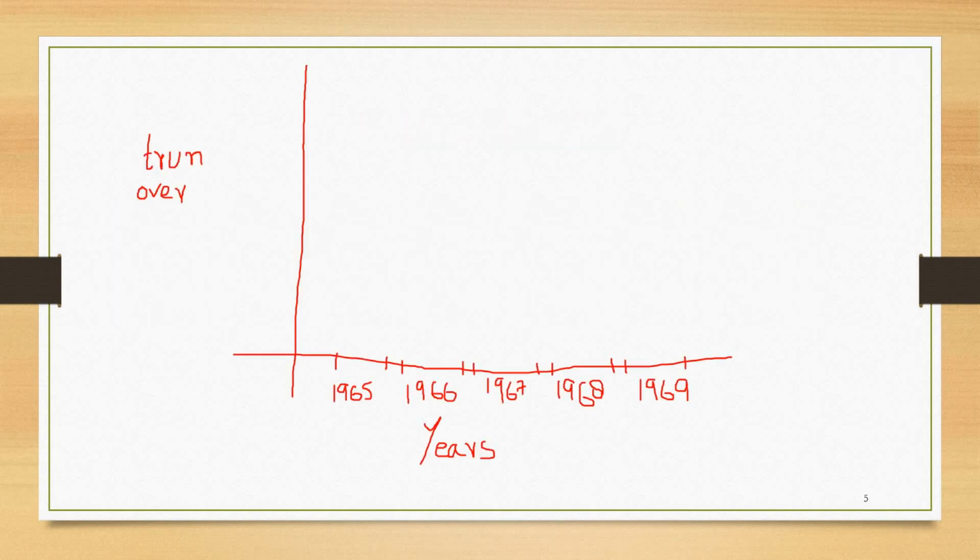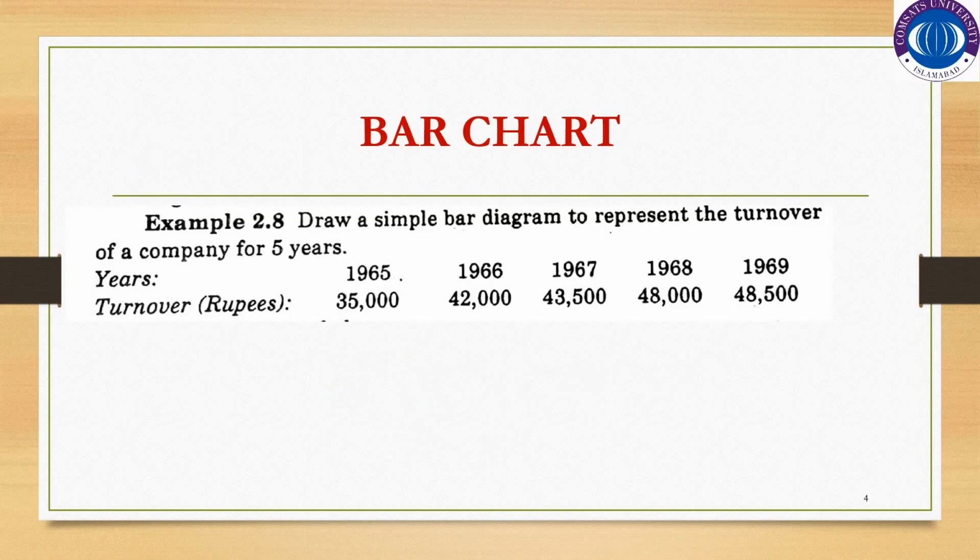So when we scale our y-axis, we can write it as turnover in thousands of rupees, and we have 35, 42, 43, 48, 48.